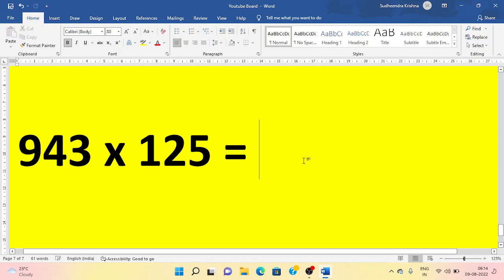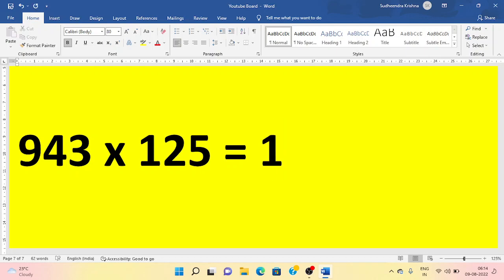Now let us take another example. 943 into 125. First divide 943 by 8. 7 8s are 56, so 7 is the remainder.